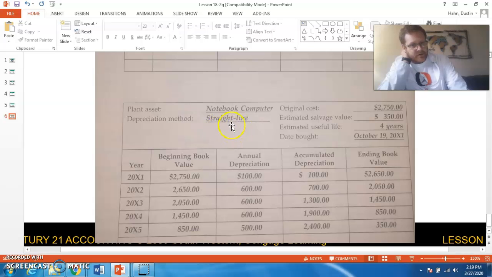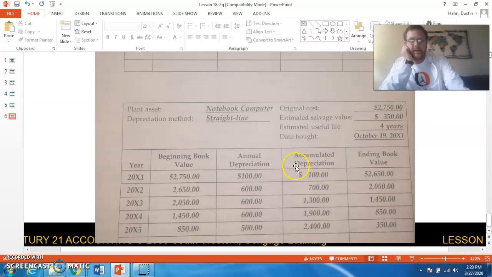We are using our straight line depreciation right here. We bought this computer for $2,750. When we were completely done with it, it's still going to have a salvage value of $350. Useful life, we are anticipating having it for 4 years, and we bought it on October 19th.